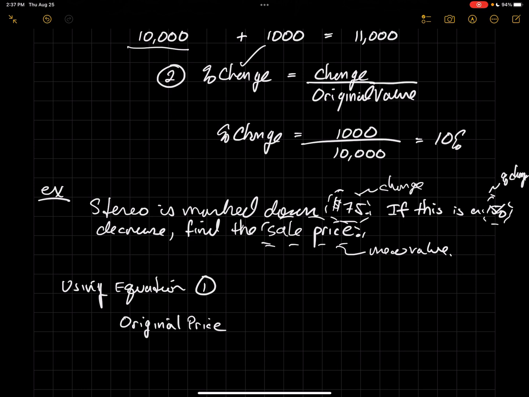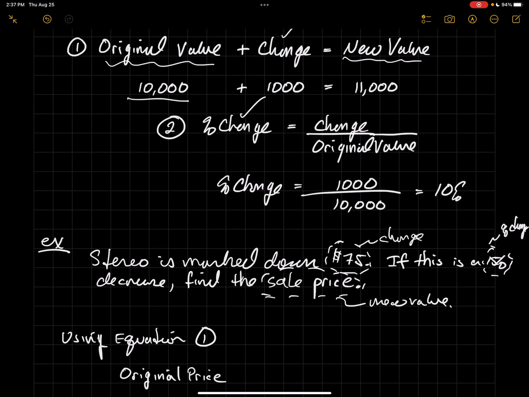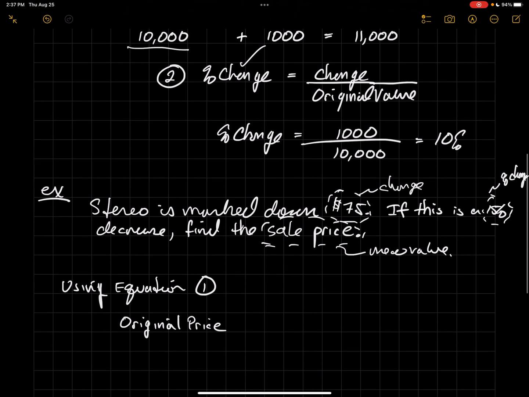So I just have to remember that. And I'm going to go ahead and include that minus sign right now, right? I have a plus sign in equation 1, but my change is negative, right? And so I want to make sure that I remember that minus sign. So I'm going to write this as original price minus the markdown. That's my change. And this is equal to the sale price.